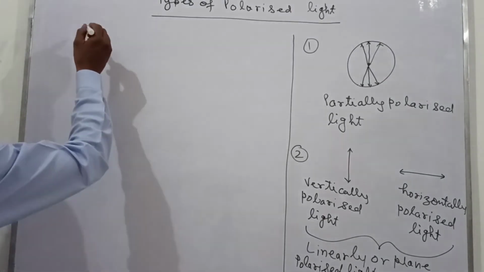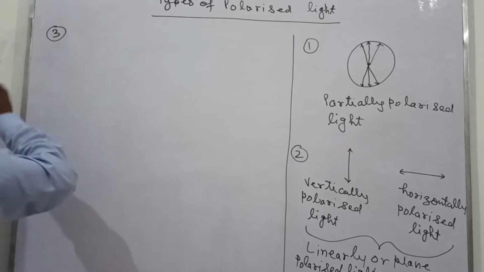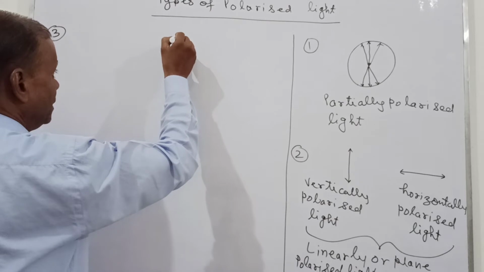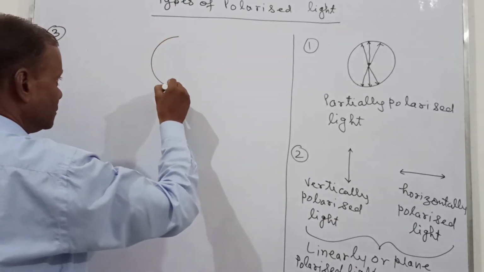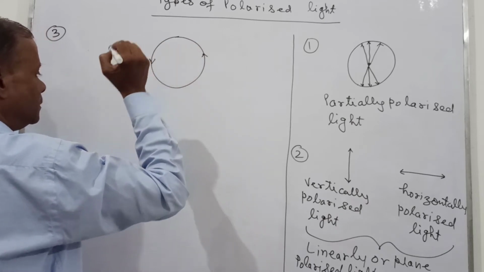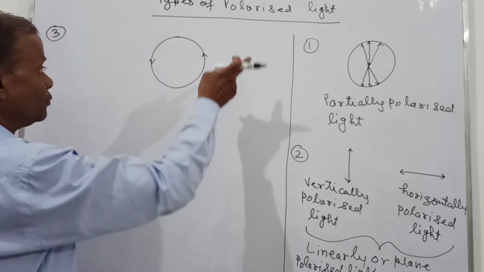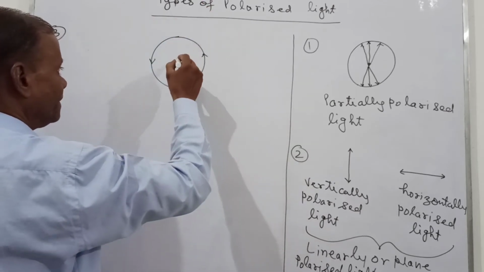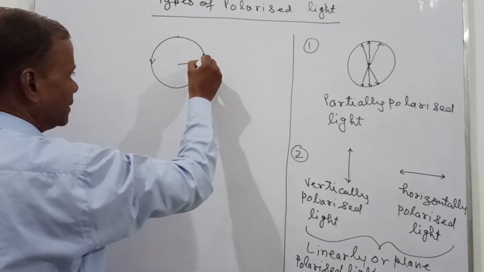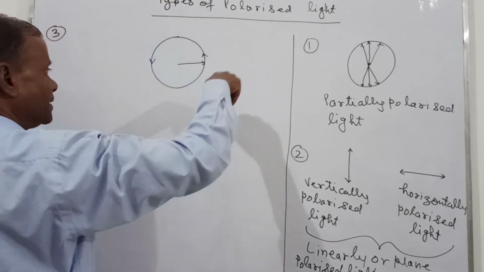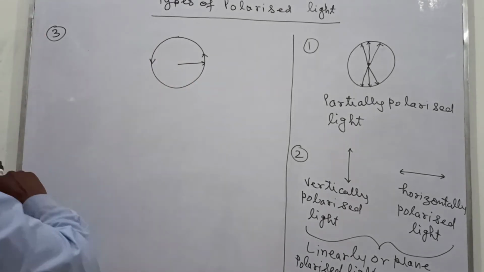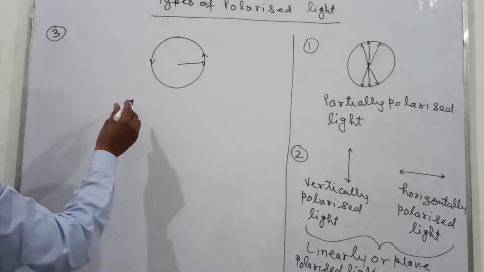Now third is circularly polarized light. Now when the light vector is like this one, in this way, light vector rotates. This is now the light vector or electric vector, and this rotates like this.